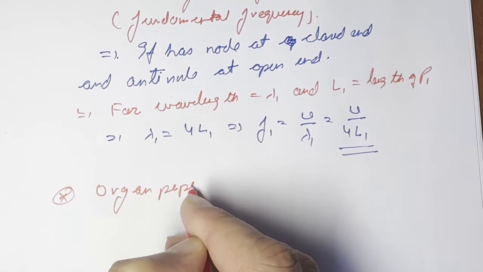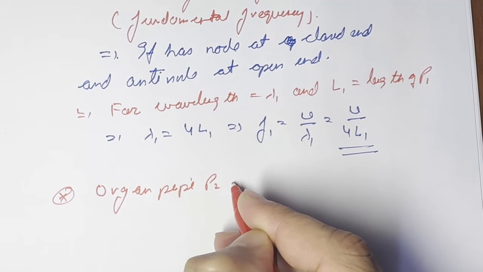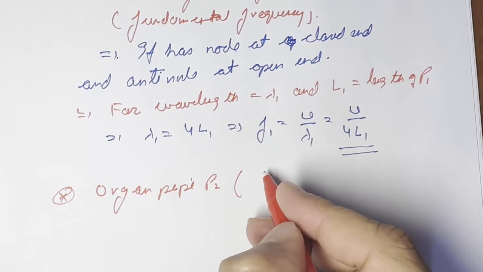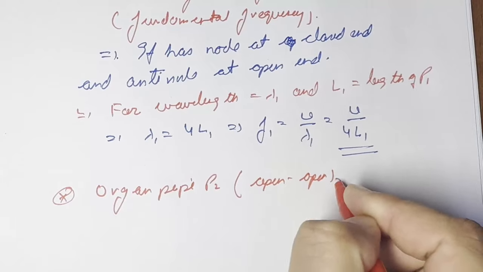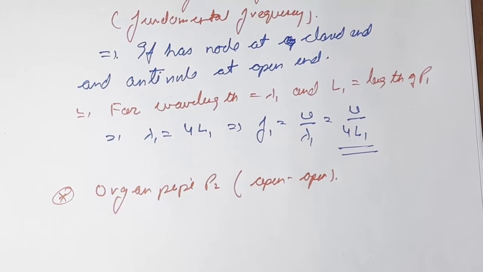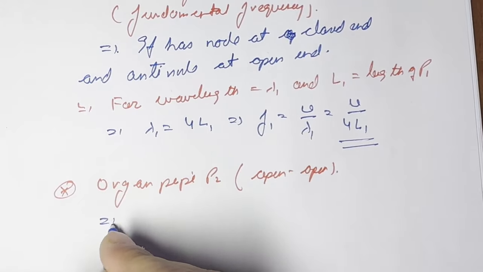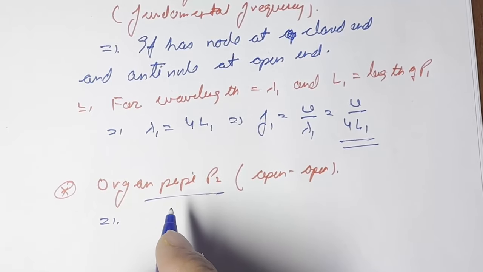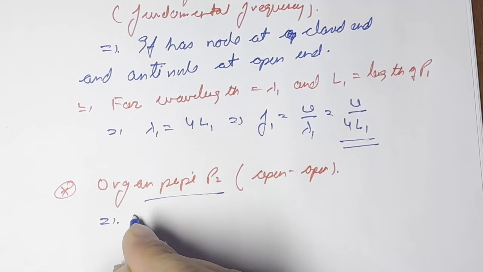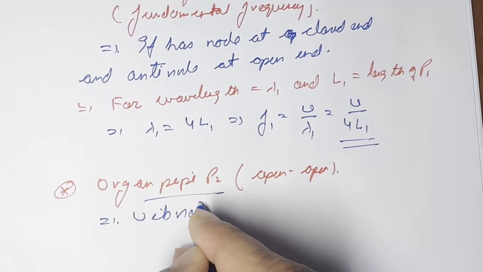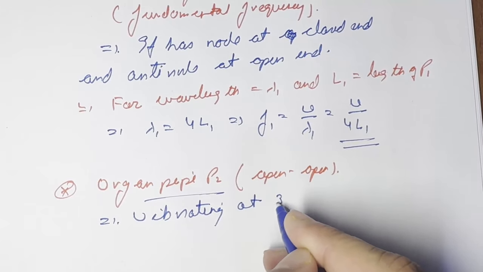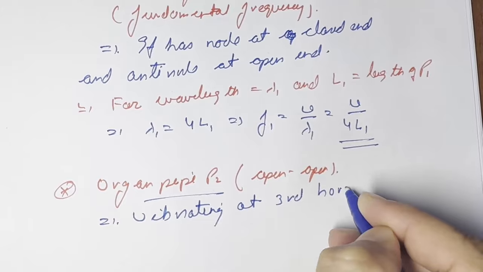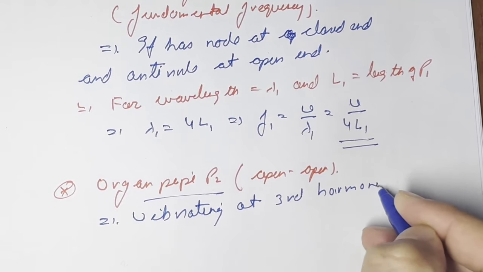Organ pipe P2 is open at both ends, and it is given that this pipe is vibrating at the third harmonic.